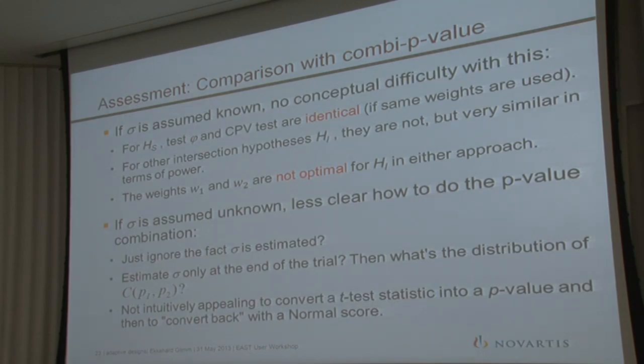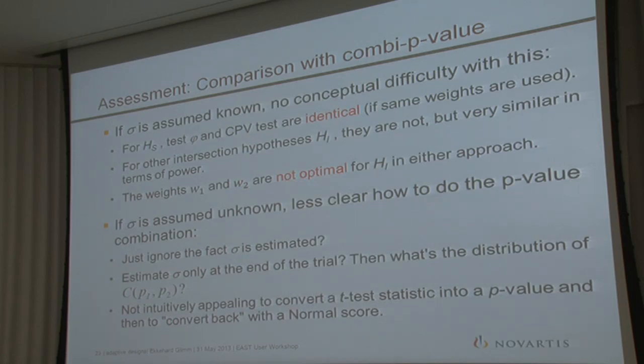So I was thinking a little bit about why that is. One of the explanations, I think, is if you assume that you know the sigma, so that you have Z tests actually, then you can work out that the suggestion that I have made and the conditional p-value combination test are identical.